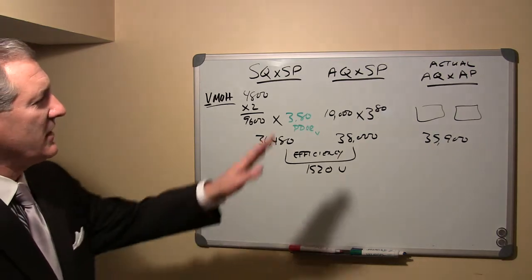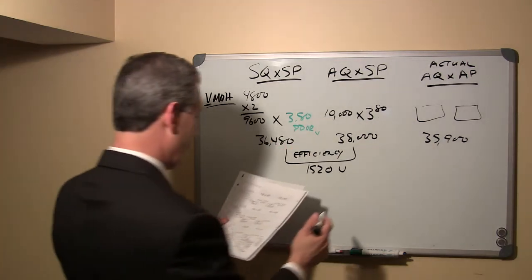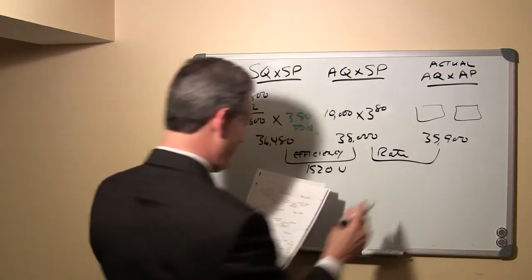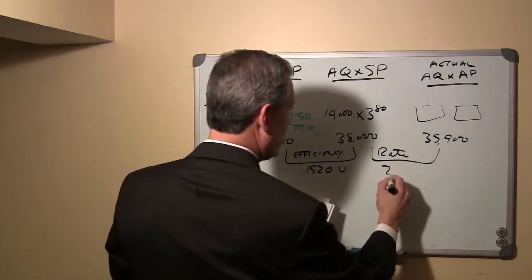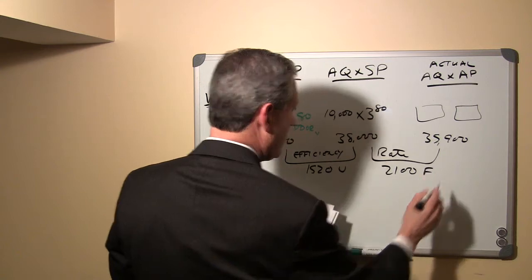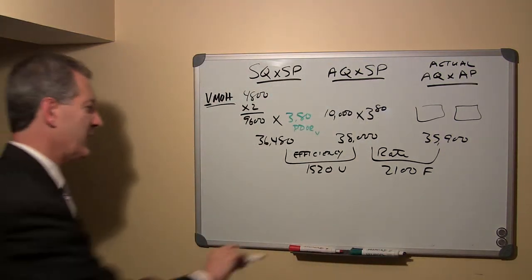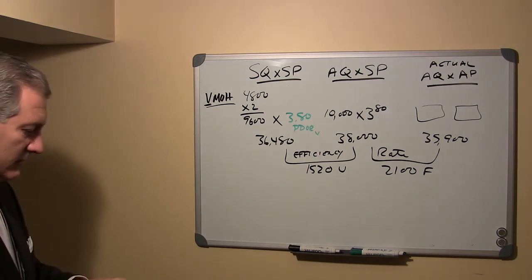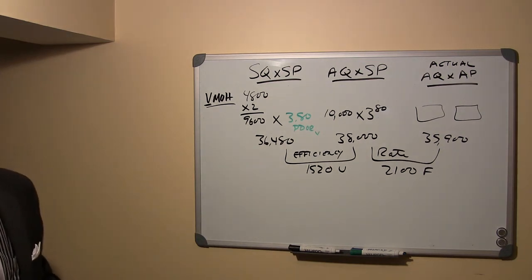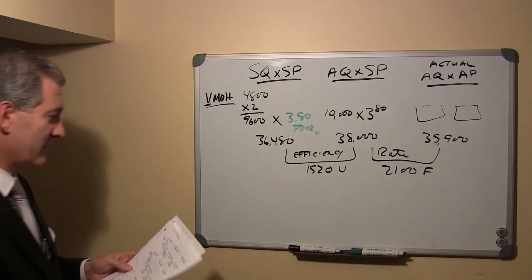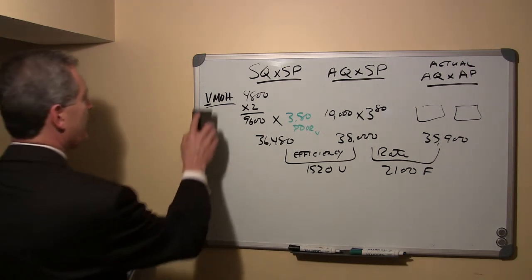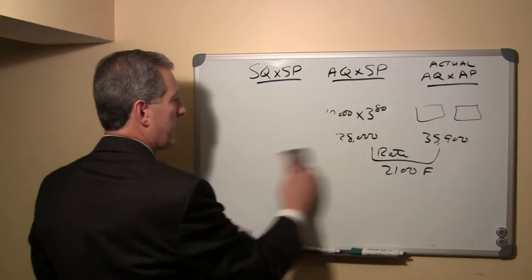You don't need it because they give you the actual number. This here is our rate variance. And our rate variance is $2,100, and that is a favorable variance. Those are your variable manufacturing overhead variances. Let's take a look at the fixed manufacturing overhead variances.